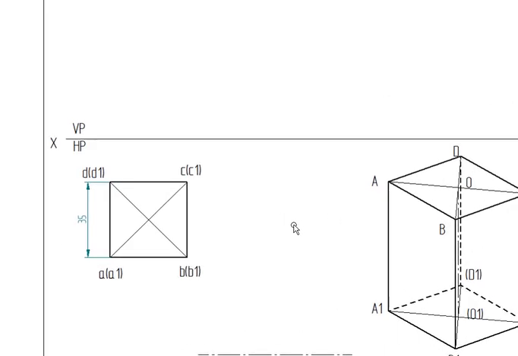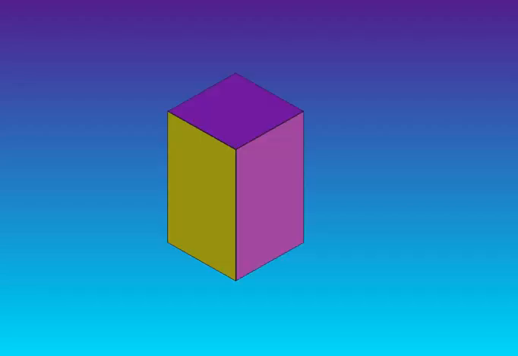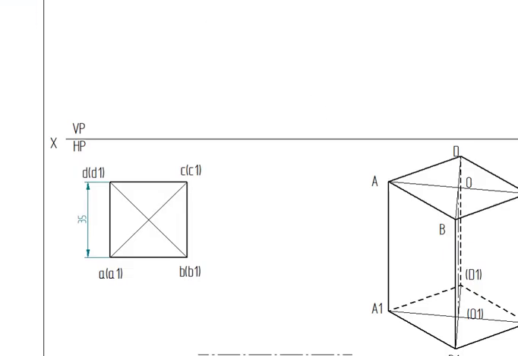Now we are going to draw its front view. The front view is going to look like this. I see it as a rectangular face, which is the lateral face. Here I am going to construct this. I go for projection lines, and the lines should be thin lines.